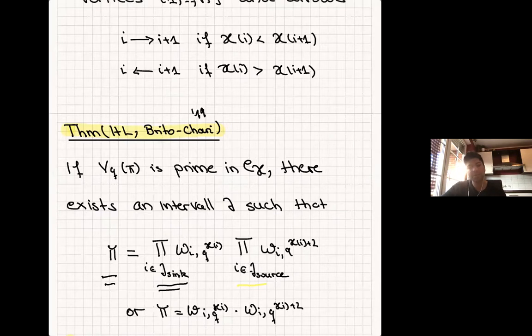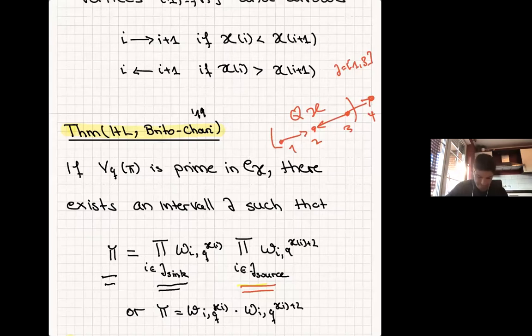So what do I mean by that? You take your quiver Q_κ, and then you take some kind of orientation, say 1, 2, 3, 4, and this is the orientation induced by κ. And let's say you just take J to be the interval 1 to 3. Well, you just ignore 4, and then you just look for the sinks and sources in this interval.